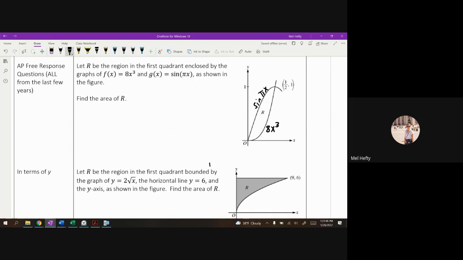If you remember, regular x cubed looks like this. So 8x cubed is just going to be a little bit deeper. They do give us this intersection point, which is nice of them. One thing you want to make sure of, if the intersection point is not labeled, we'll see this in a couple of questions, we have to be a little bit skeptical of it. So essentially don't assume anything because they will get you.